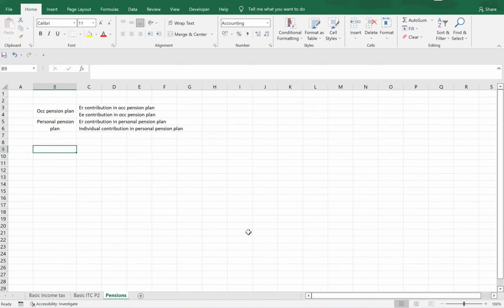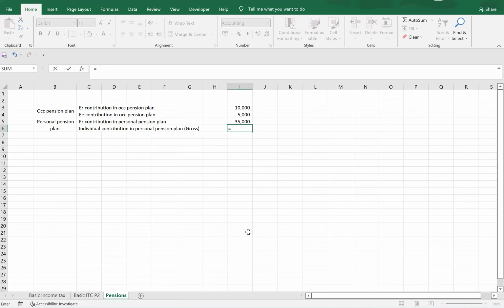Okay. So you add all of them. Let's say this is 10,000. This is 5,000. This is 35,000. And by the way, remember, you always take the gross amount. Gross amount means multiplied by 100 divided by 80.